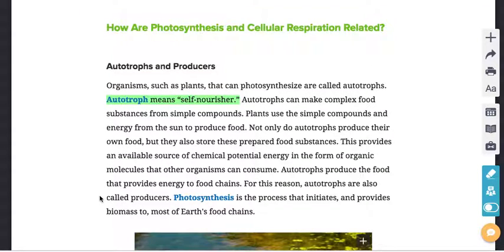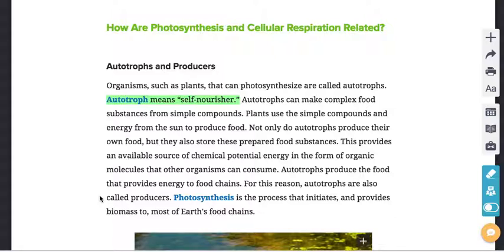Well, an autotroph is some kind of organism that makes food for itself. So an organism that can just sit there and make its own food. Can we do that? No, we're not an autotroph. We are what's called a heterotroph. So we have to go and eat something else to get our food.